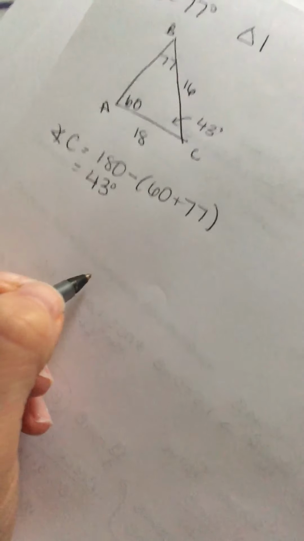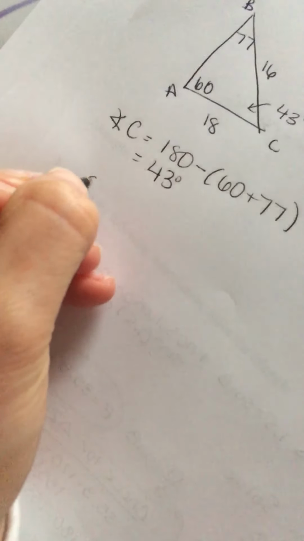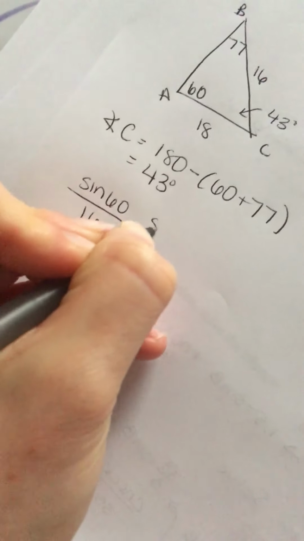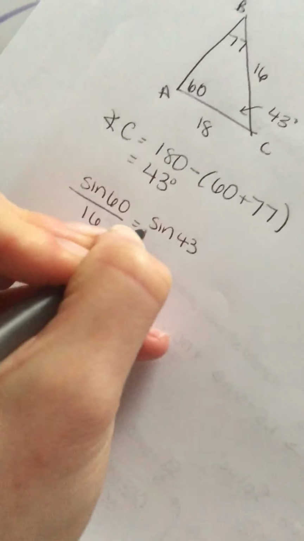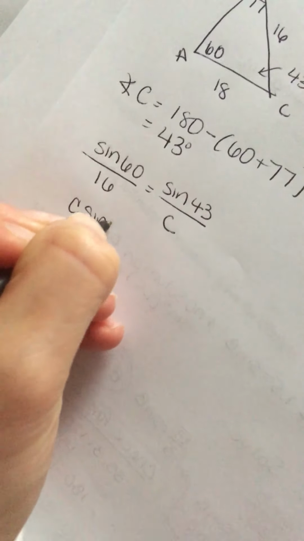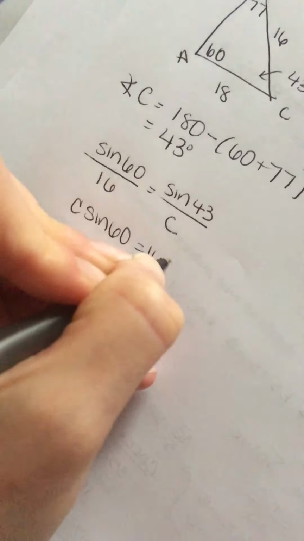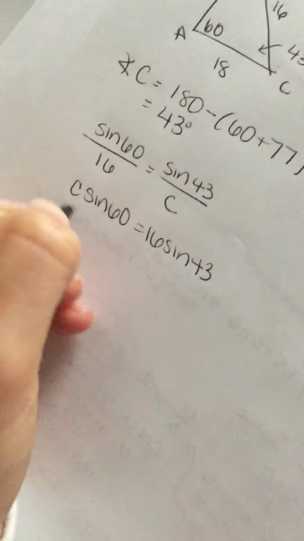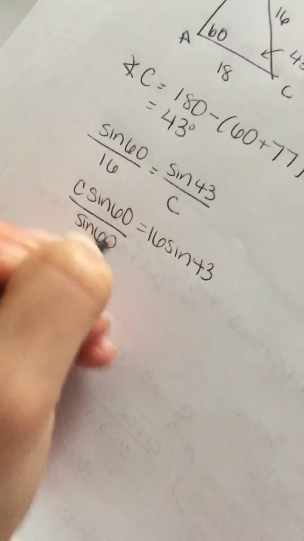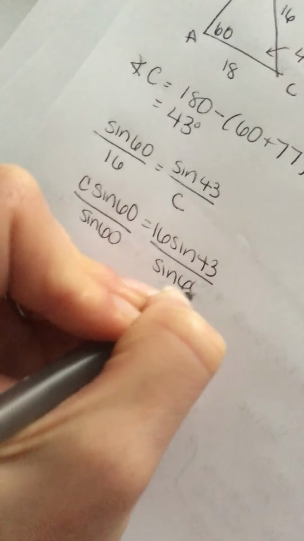And then we're going to set up our ratio. Like I've said before, I like to use the one that we're given. So I'm going to do sine of 60 over 16 is equal to the sine of 43 over C. We cross multiply. C sine of 60 is equal to 16 sine of 43. Divide by the sine of 60. Okay, and let's get what C is.